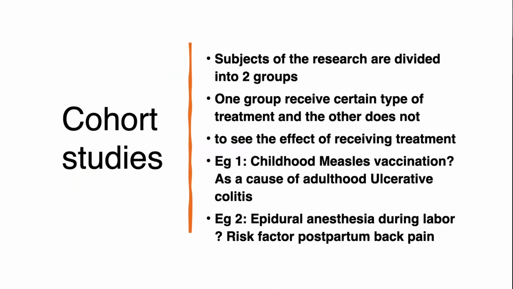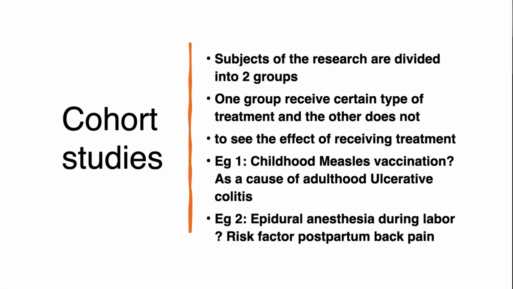You can divide into two groups who have received measles vaccination. Both groups should have received measles vaccination. And some subjects have developed ulcerative colitis, group 1, and those subjects who have not developed ulcerative colitis are group 2. You can see the differences. You can study the risk factors. You can predict the magnitude of the effect.